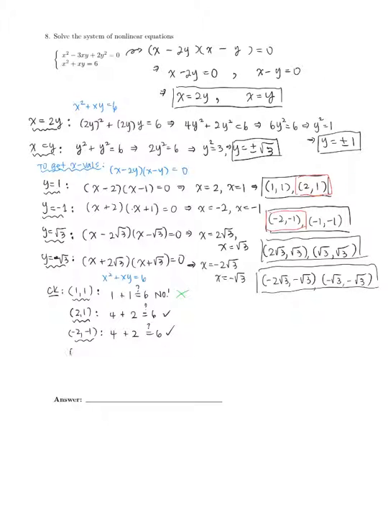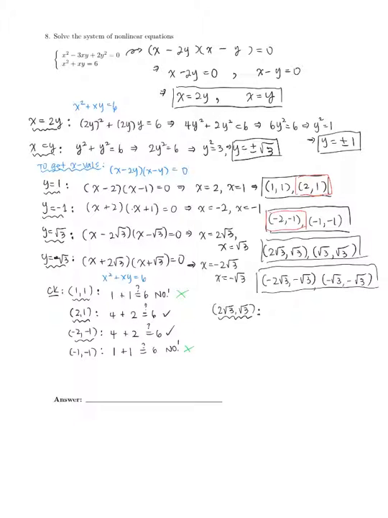All right, so let's go with negative 1 comma negative 1. Can you see that this is not going to be a solution already? This is the same thing as 1 plus 1. Is it going to equal 6? No. Okay, so let me just go on the right hand side. What's my next ordered pair that I need to check? 2 root 3 comma root 3.